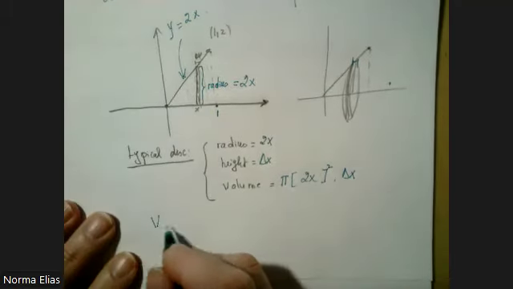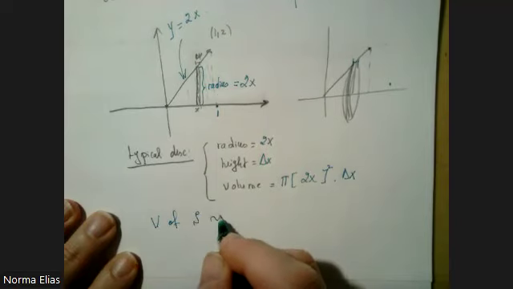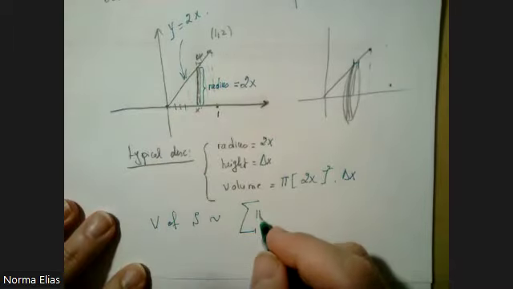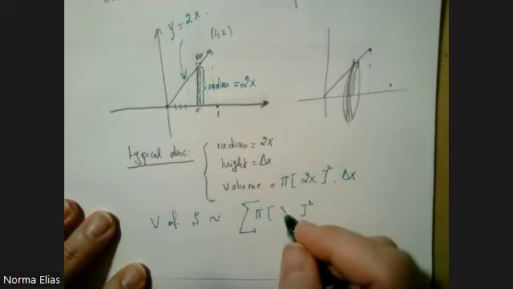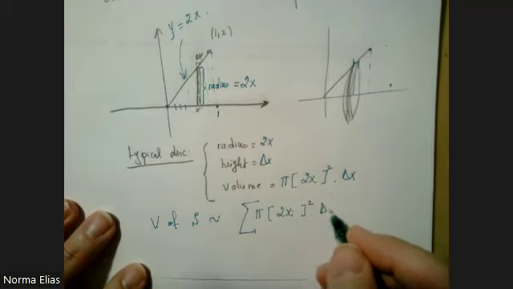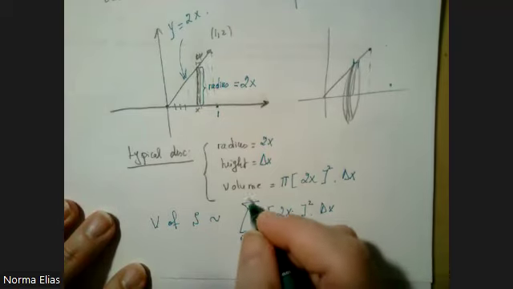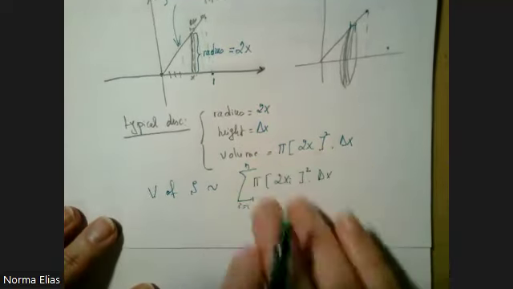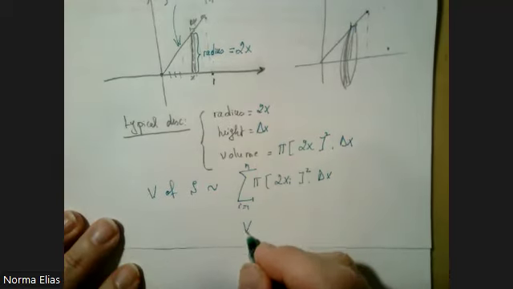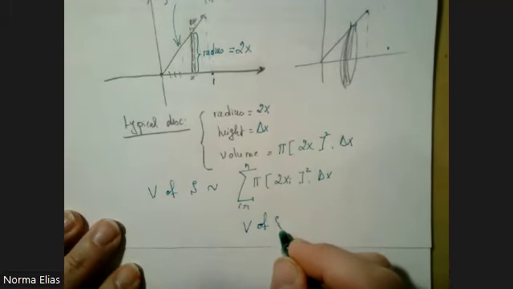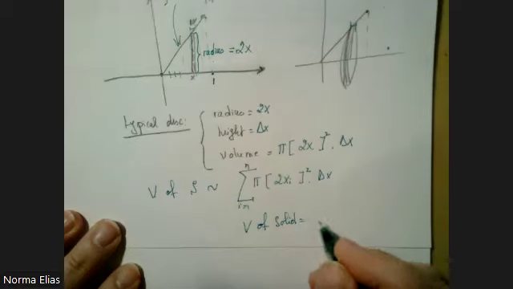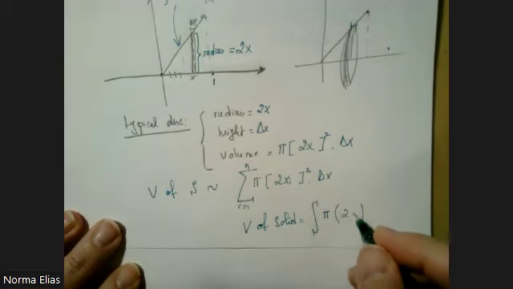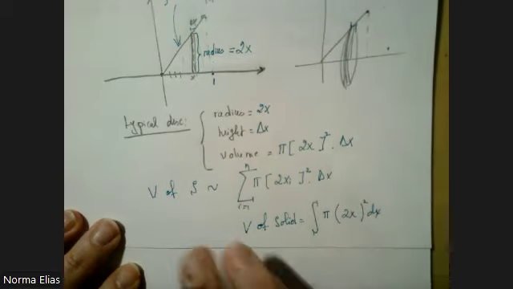So the volume of the solid is almost equal to the sum of pi times (2xi) squared times delta x, i equals 1 to n. As you realize, I don't need to memorize the formula. I just need to memorize the volume of a disk. So the volume of the solid now is the integral of pi times (2x) squared dx.